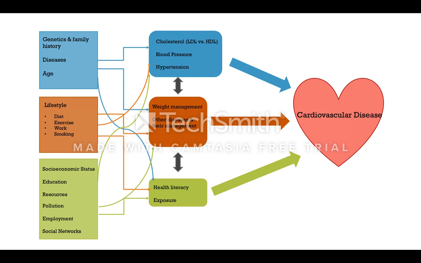Then we will move on to environment. A big umbrella over all of this is socioeconomic status, which then relates to education, resources, employment, social networks, and health disparities. If you have higher socioeconomic status, you are going to have better resources. You're going to be able to go to a better physician.